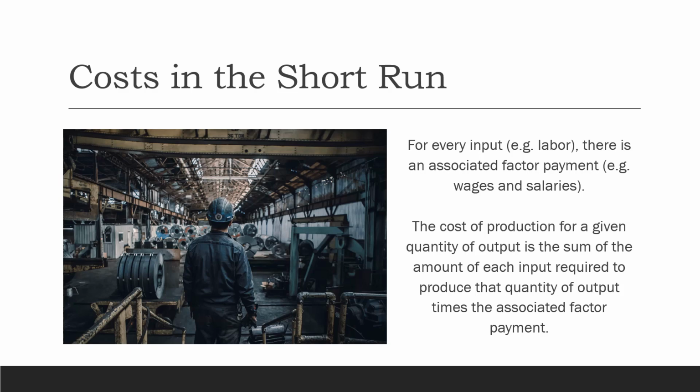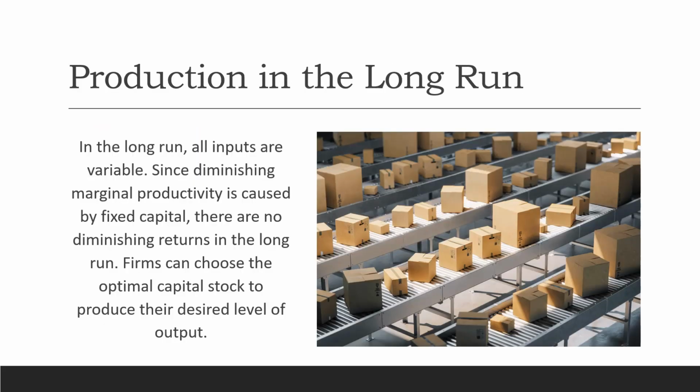Okay, so right now we will do the analysis on production in the long run. When we talk about production in the long run, we say that in the long run, all inputs are variable, right? Since diminishing marginal productivity is caused by fixed capital, there are no diminishing returns in the long run. Firms and organizations can choose the optimal capital stock to produce their desired level of output.